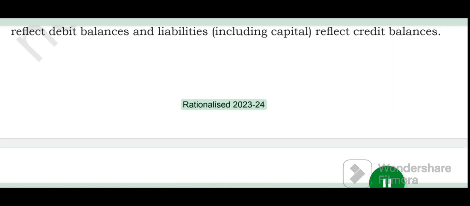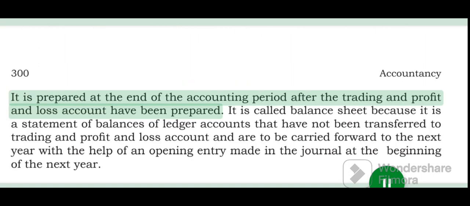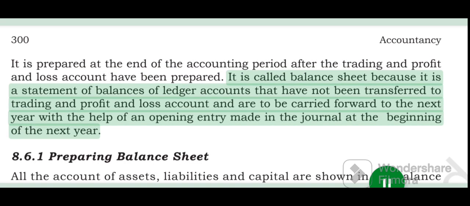It is prepared at the end of the accounting period after the trading and profit and loss account have been prepared. It is called balance sheet because it is a statement of balances of ledger accounts that have not been transferred to trading and profit and loss account and are to be carried forward to the next year with the help of an opening entry made in the journal at the beginning of the next year.